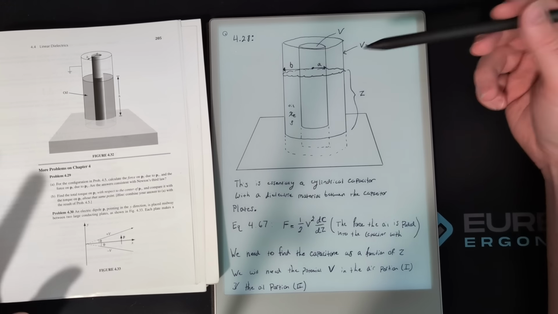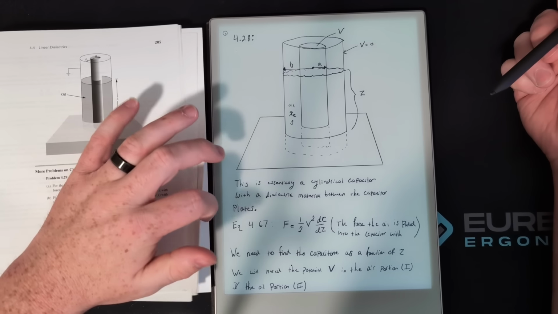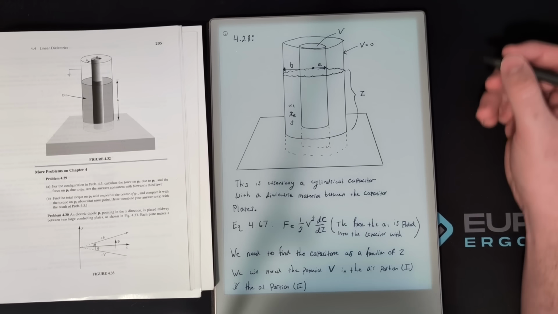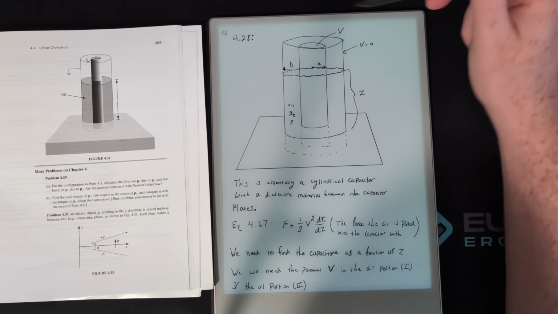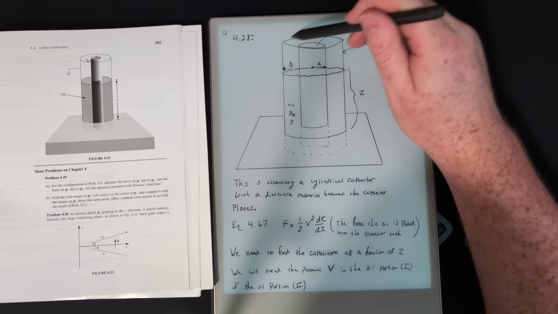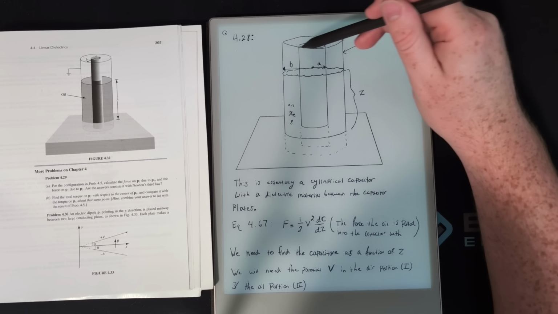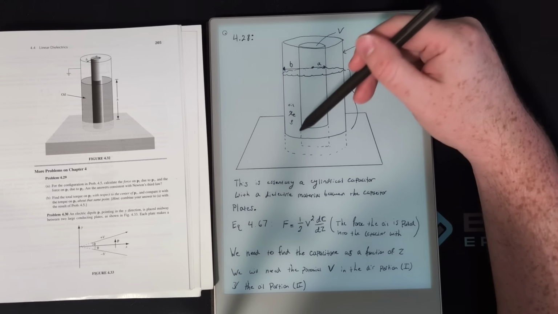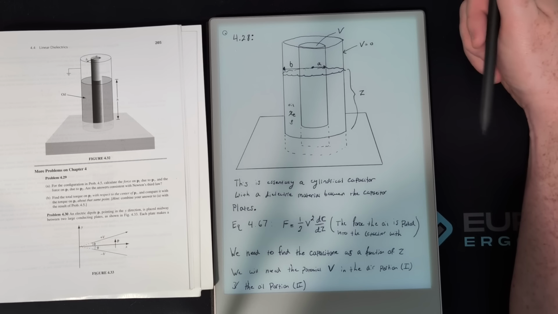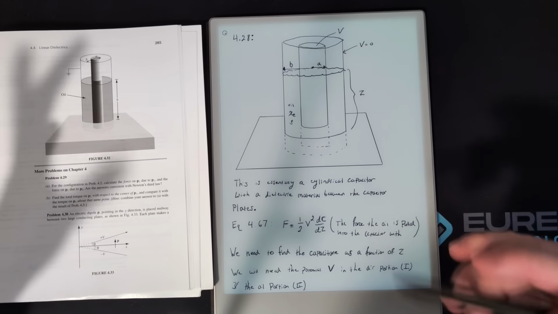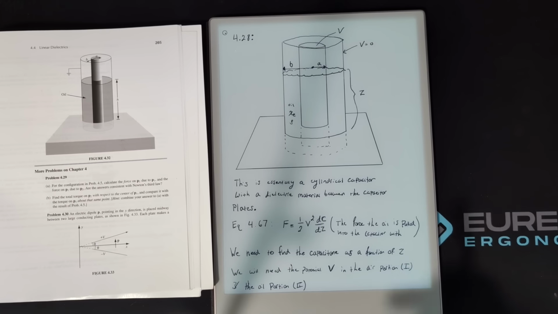In this problem, we have essentially the same setup, just in a different form. We have a cylindrical capacitor: a grounded outer cylindrical tube and an inner tube maintained at some potential V. And then our dielectric material is in between the plates.